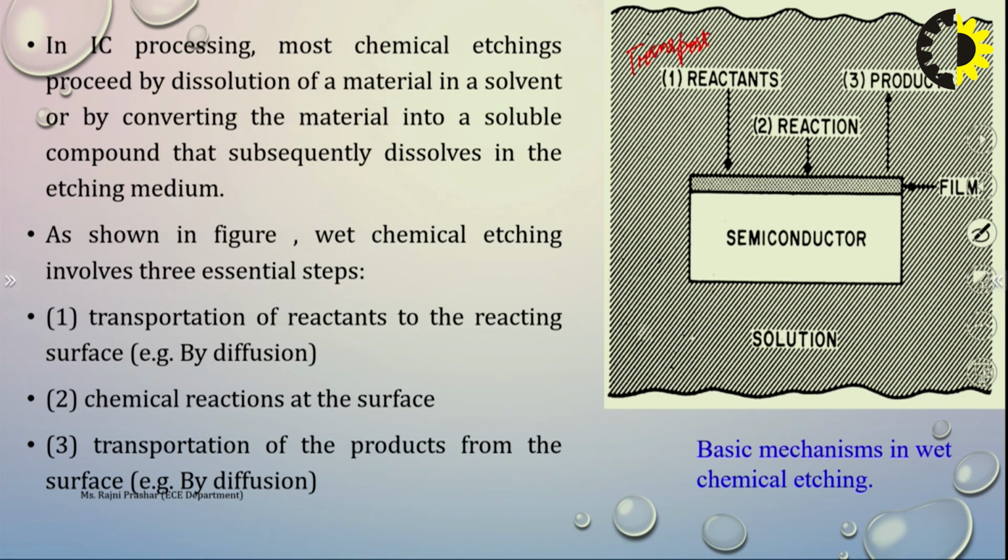First the etchant solution should come in contact with the silicon dioxide layer. The second step is where a chemical reaction takes place at the surface of the silicon dioxide. And the third step is, with the help of stirring, we take out the extra products, right?